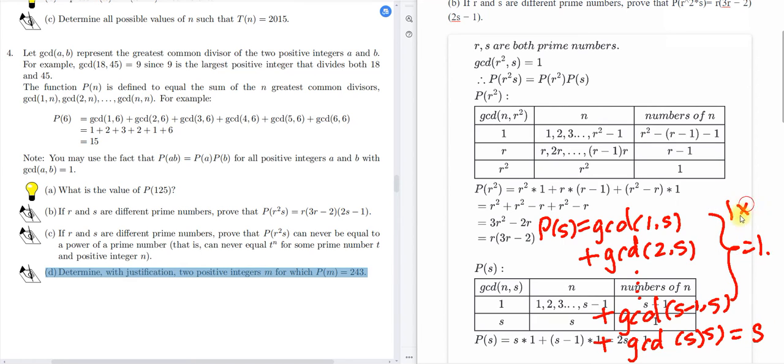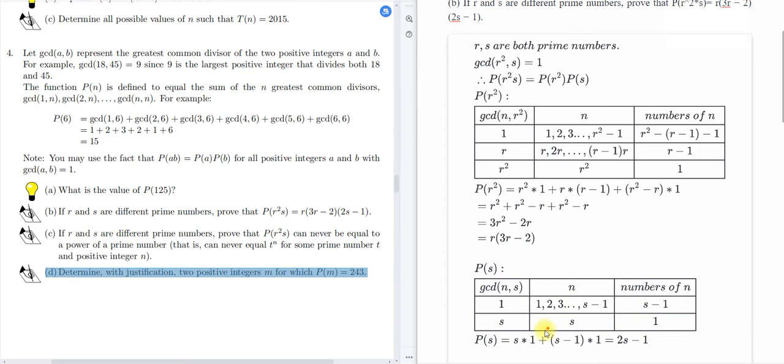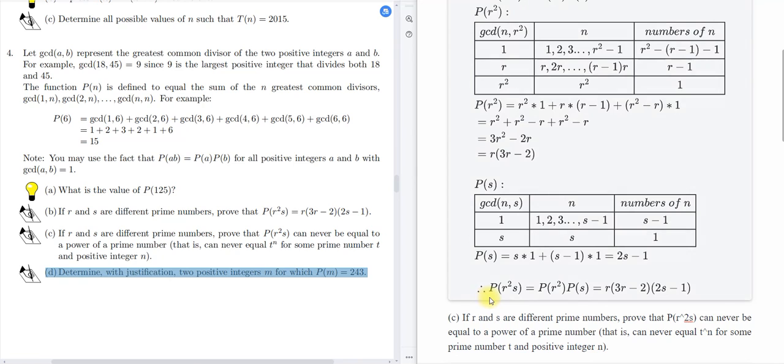So this is 1 times (S minus 1) plus S, so we get S minus 1 plus S, which is 2S minus 1. Now we get this proved. Yes, this one multiplied by this one.